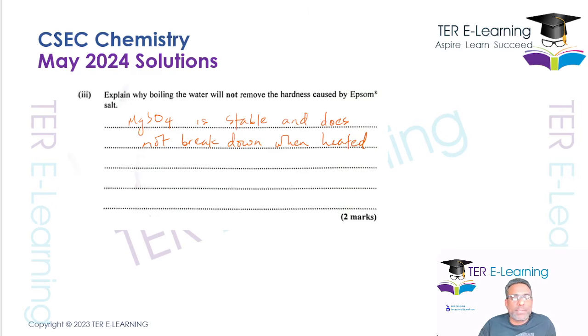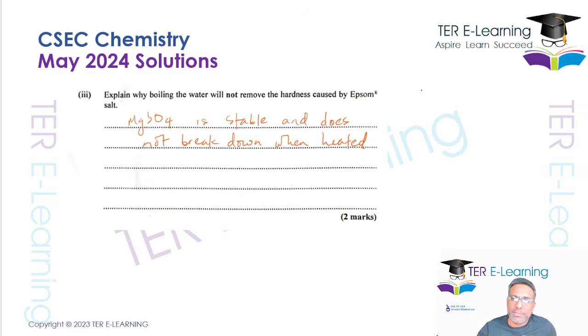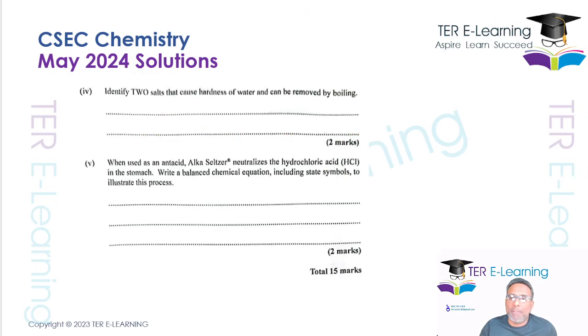Third part. What else we have here now? Identify two salts that cause hardness of water that can be removed by boiling. So Ca2+, right? That's all. Yeah, Ca2+, right? And Mg2+ are the ions responsible for the hardness of water, right? Ca2+ and Mg2+. But when it comes to they want us to remove it by boiling, right?